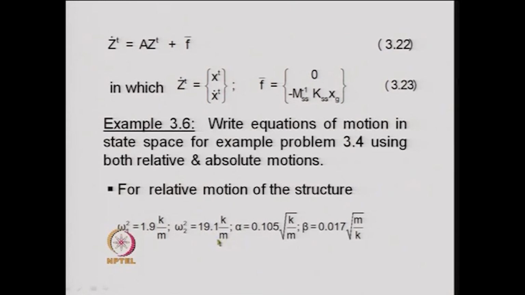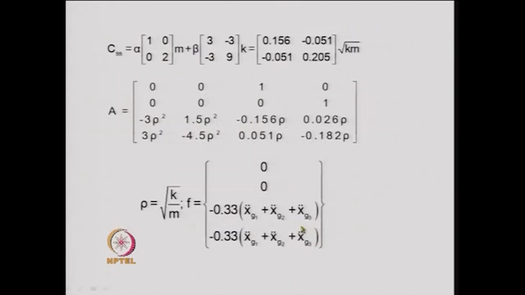Once we know these 2 natural frequencies, one can compute the values of alpha and beta, which are required to obtain the C matrix, considering the C matrix to be mass and stiffness proportional. That is, we write CSS is equal to alpha times the mass matrix plus beta times the K matrix, and using this we can obtain the damping matrix for the entire system.